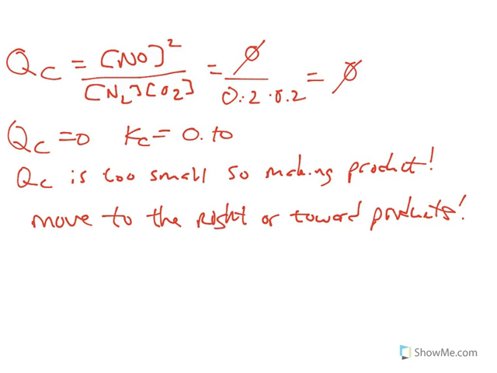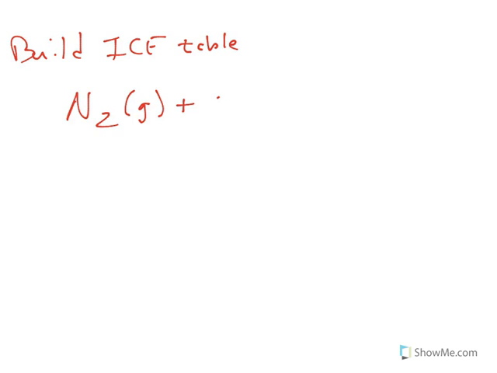Look at your Qc. Step 2, build your ice table. The way I like to do it is you write your reactants plus products, to give the equilibrium expression.